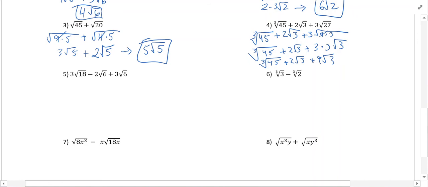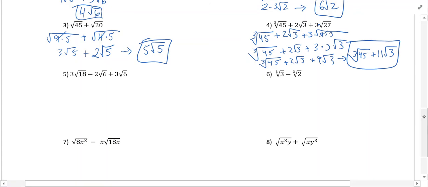And now I can combine my like terms, which are the 2 rad 3 and the 9 rad 3. So over here, I get the cube root of 45 plus 11 rad 3. So this is my answer. Again, remember, in between the 3 and the radical sign, there's an implied multiplication sign. So that's why I multiplied 3 times 3.